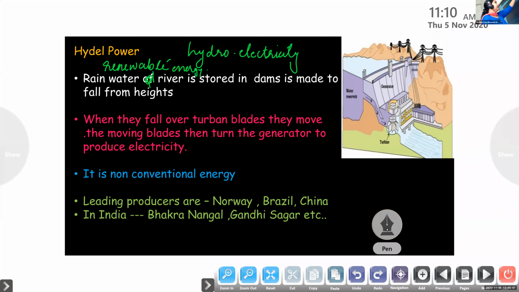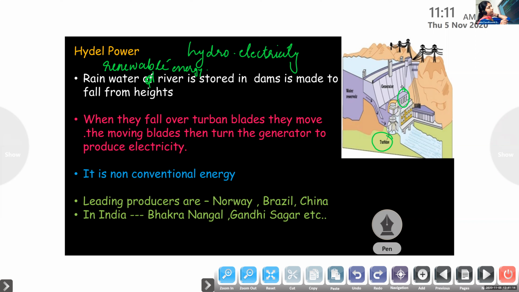Water is stored in dams, and this water is made to fall from heights. When water falls from height, you can see a turbine and a generator. What is a turbine? A turbine is a machine for producing electricity, right?